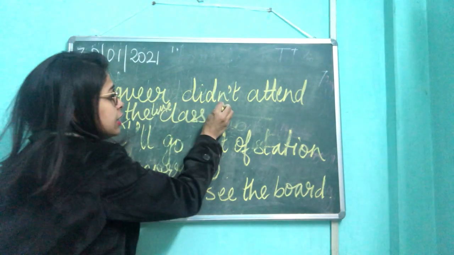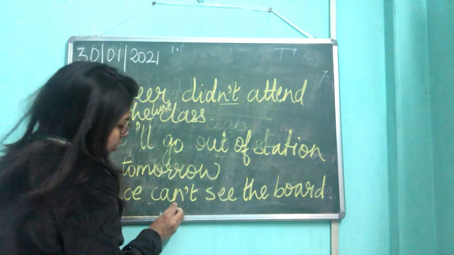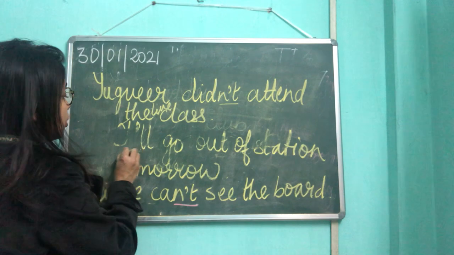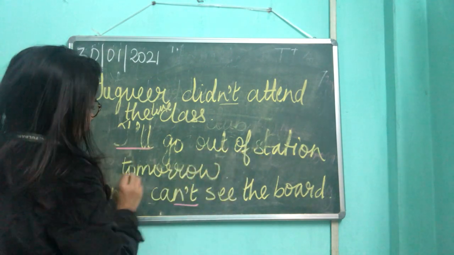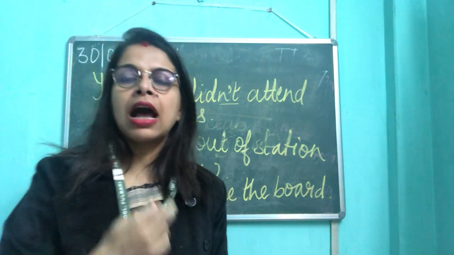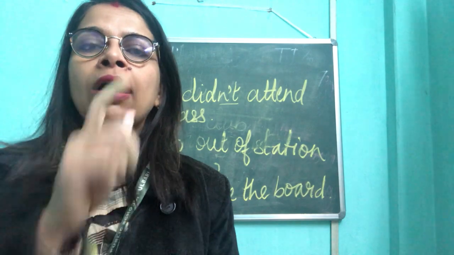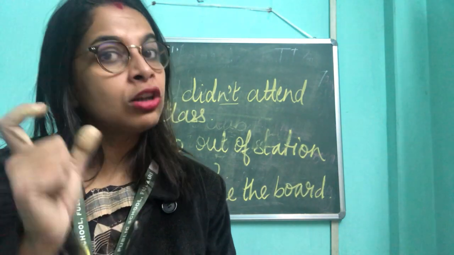Now have you seen something here? Prince can't see the board. I'll go out of station tomorrow. Yugveer didn't. So these are basically called contractions. You are not using the complete word.